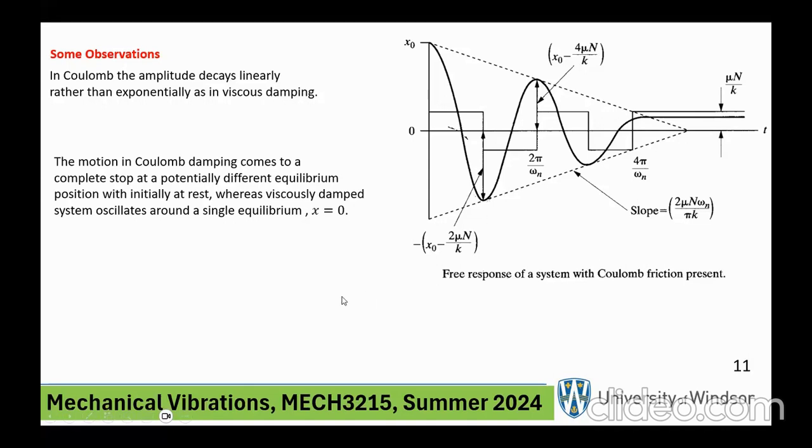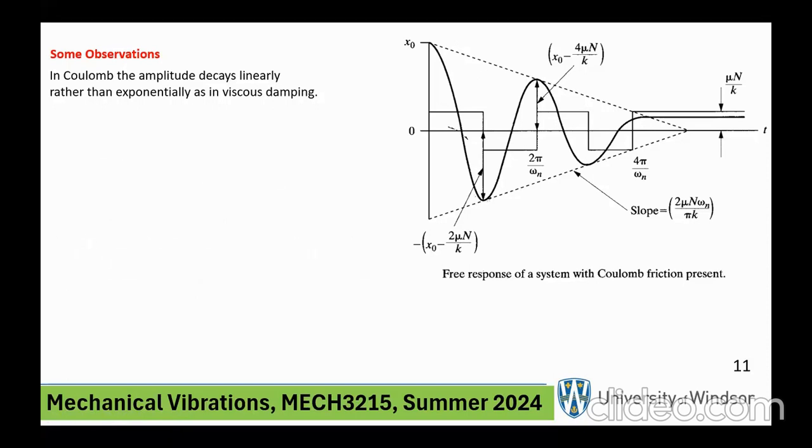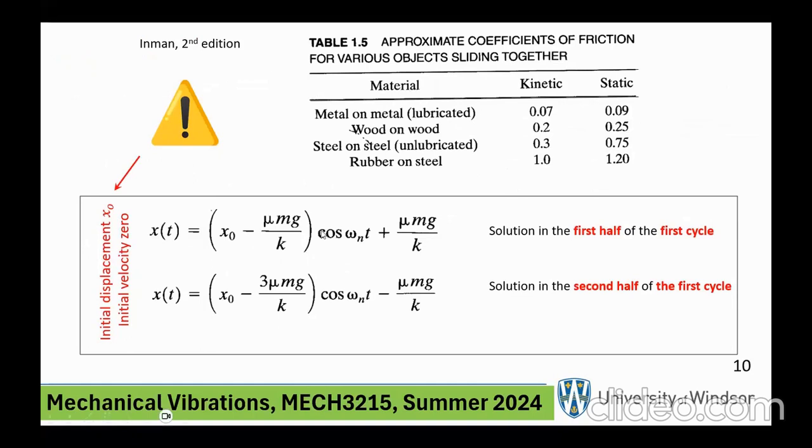Okay. The frequency of oscillation. This is an oscillation. The frequency of this oscillation depends on omega n, not something called omega d. Remember, let me go back for a second. We have omega n here. Omega n.